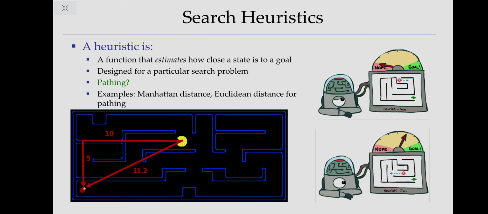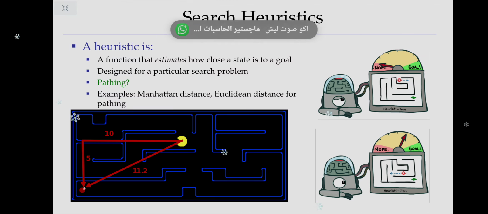This simple example shows that the heuristic is not unique, and you can define the heuristic with different kinds of distances and norms. All of them are heuristics.